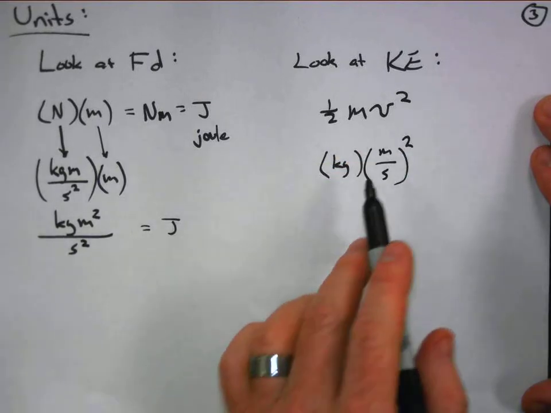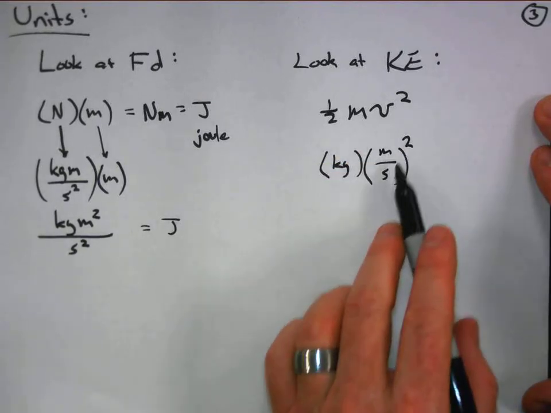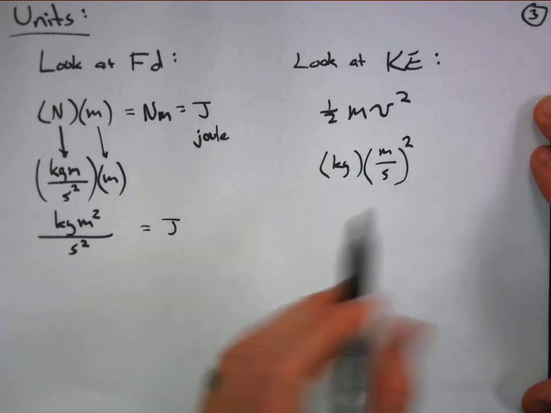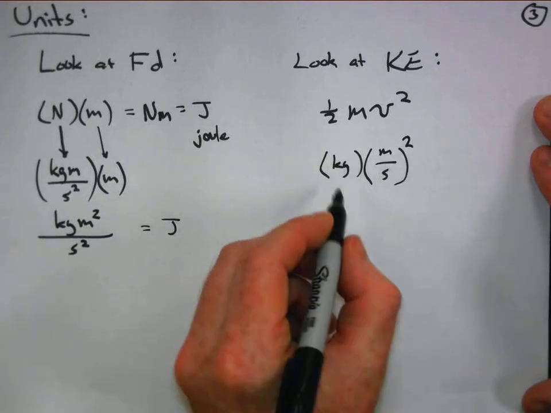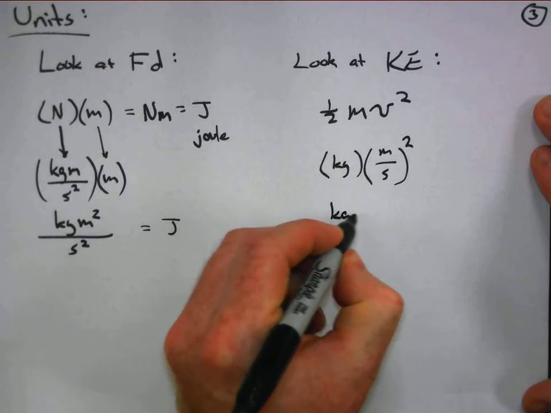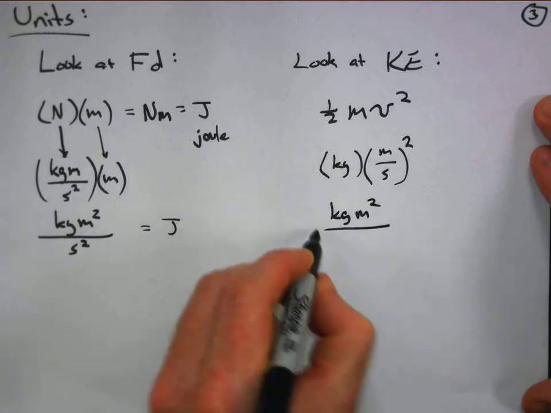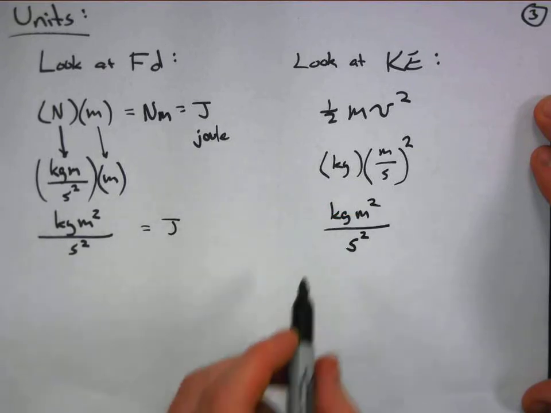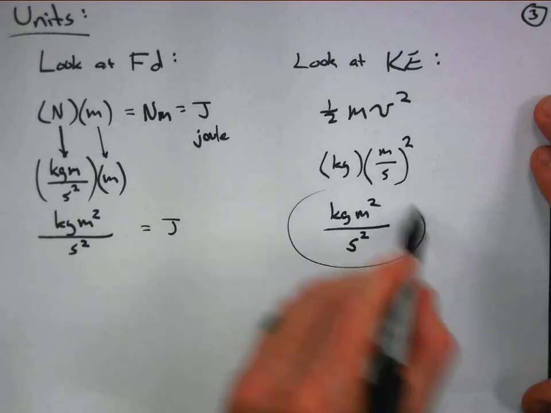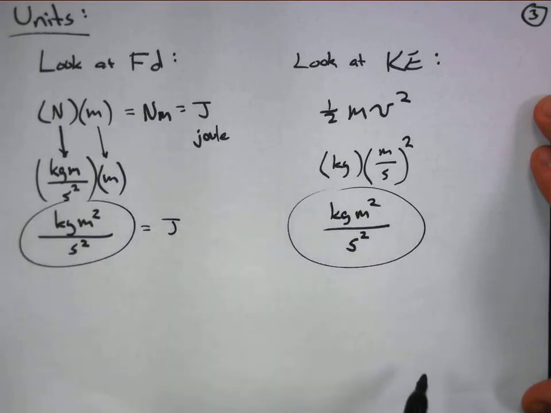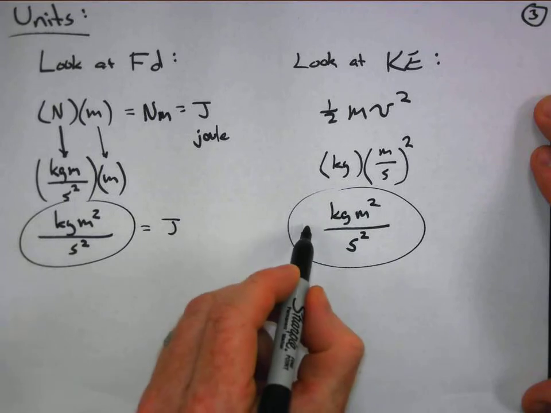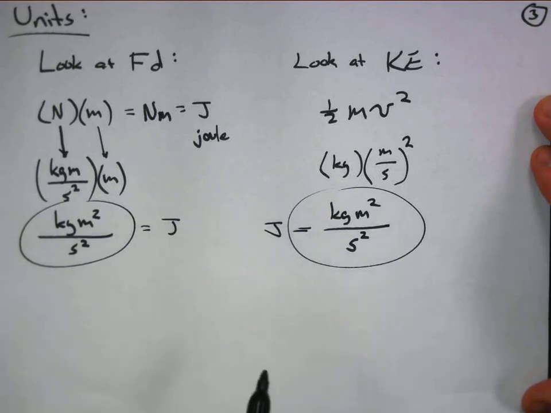So that ends up being meters squared, and that ends up being seconds squared. And kilograms is multiplied to that. So you get kilogram meters squared divided by seconds squared. Whoa. Same thing. And so this is also equal to a joule.